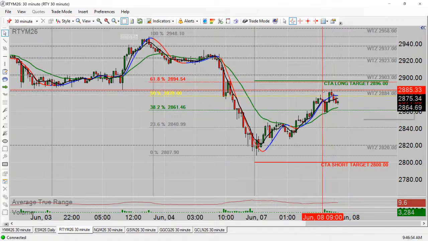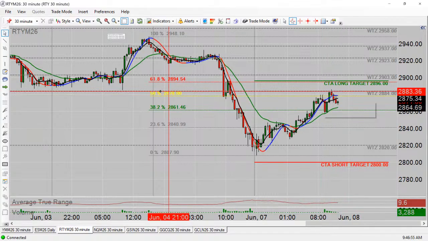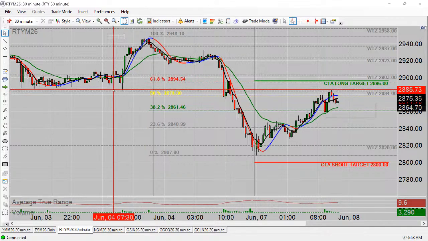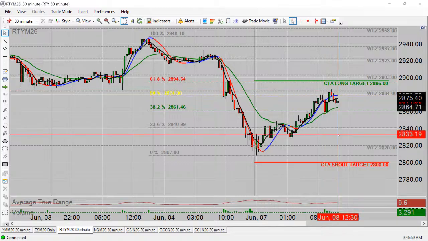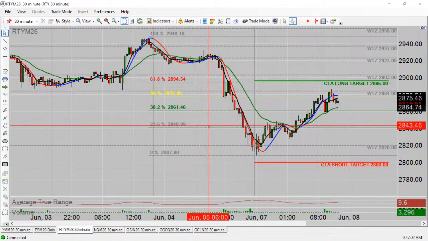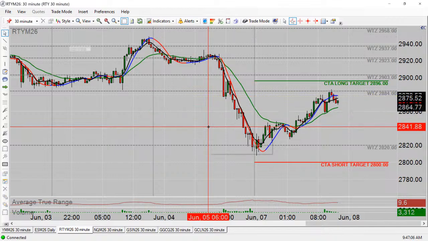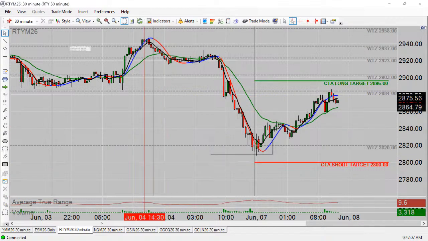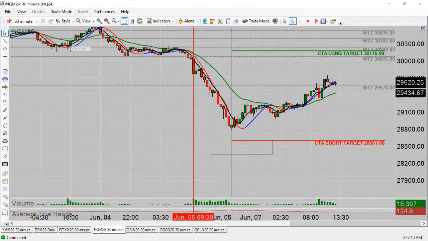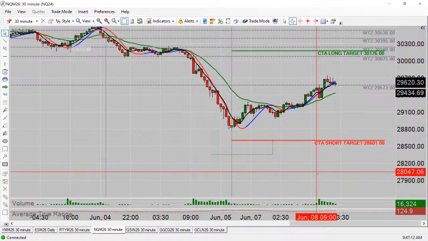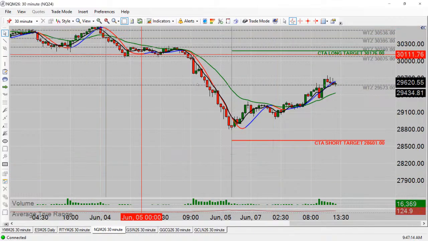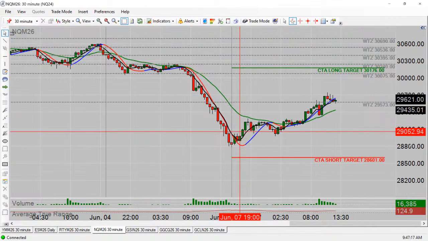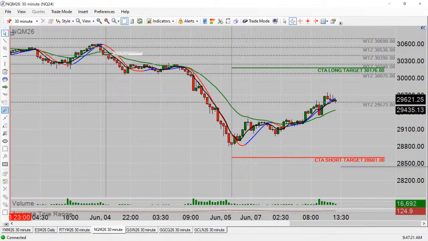Now this high right here is this low over here. So the NQ. All right, here's the damage done on Friday. Let's draw those same fibs.